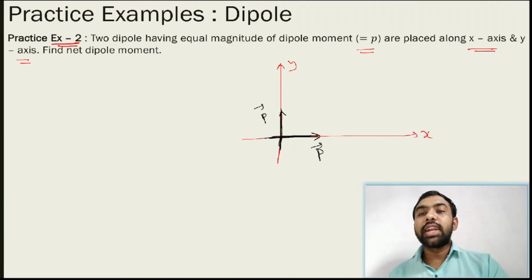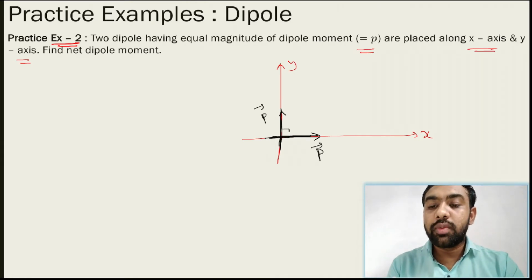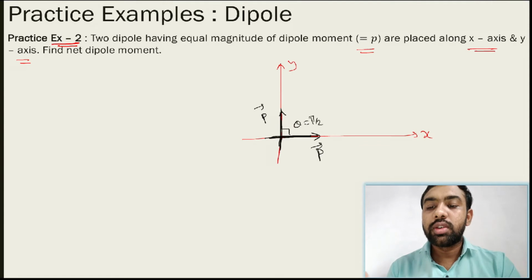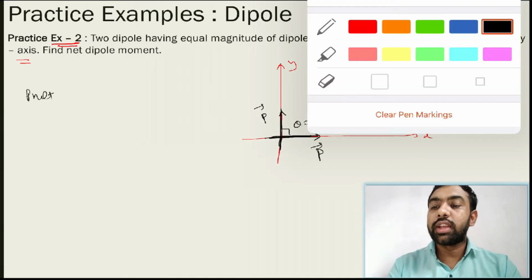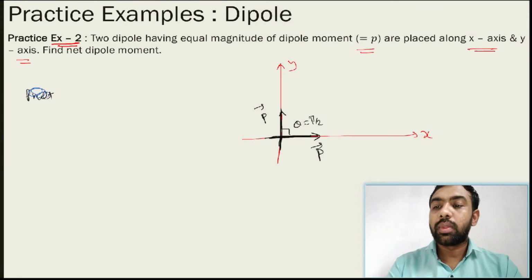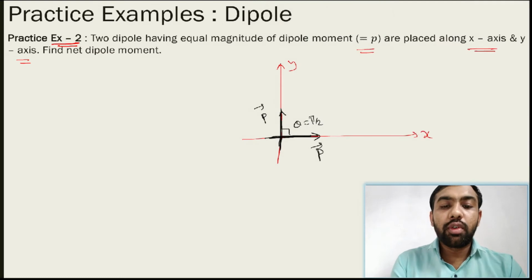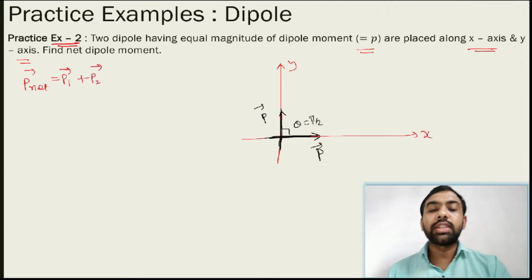So what is the net dipole moment? What is the angle between them? Theta is equal to pi by 2. For the net vector, P net is P1 plus P2.